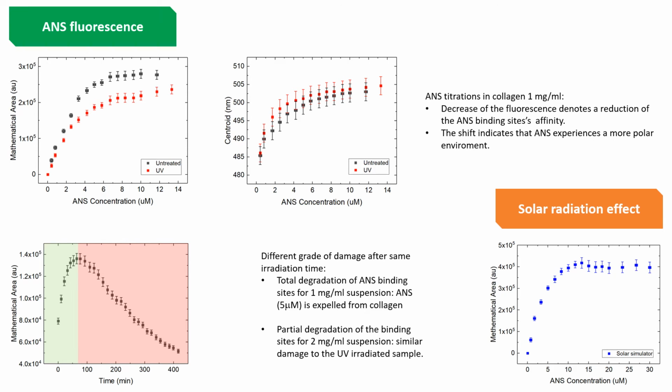For the solar sample, the situation is a little bit different. In fact, for the 1 milligram per milliliter collagen suspension, ANS is expelled from collagen just an hour after the mixing of the two, and this means there is a total degradation of the ANS binding site.